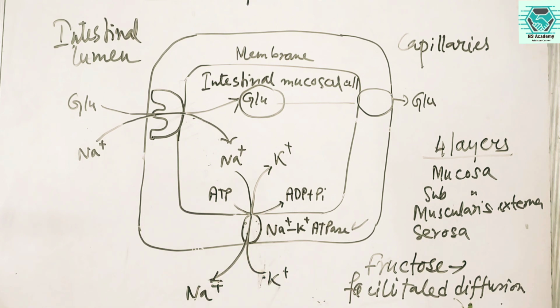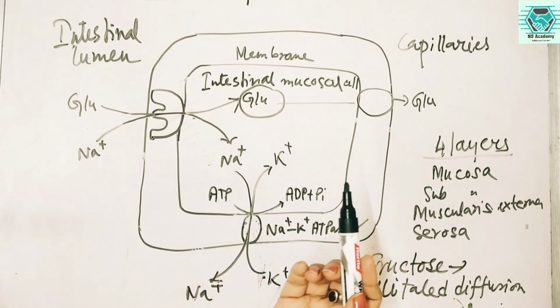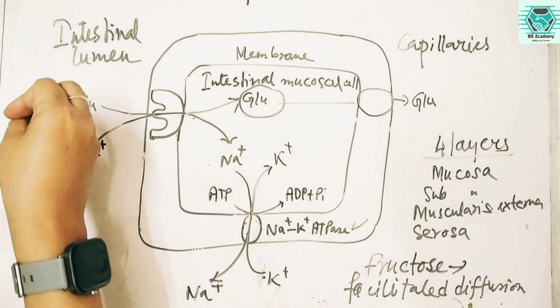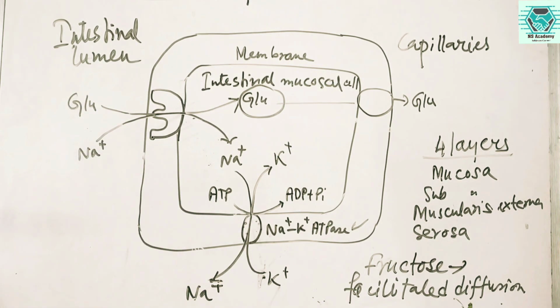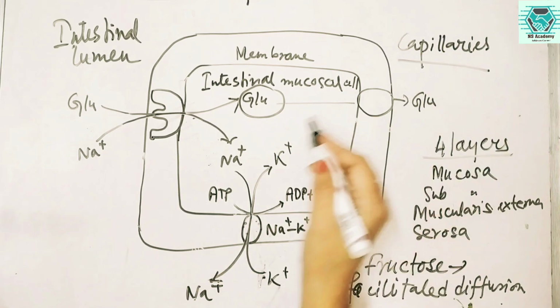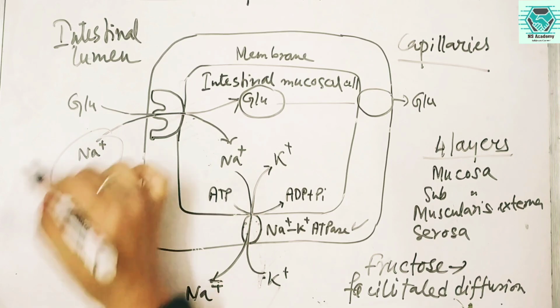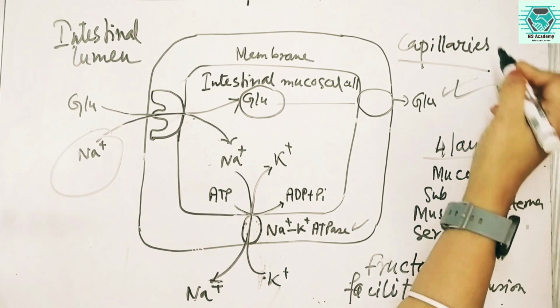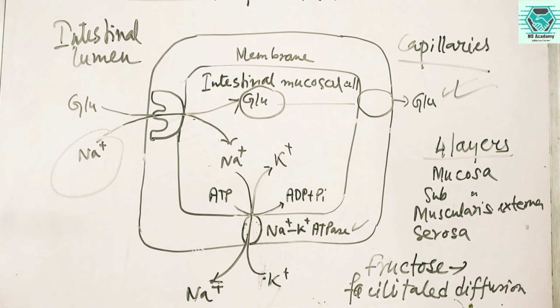Inside the epithelial cell, most of the fructose is converted to glucose, and then glucose is absorbed in this manner. So this is how glucose in association with Na+ is absorbed from the intestinal mucosal cell to the capillaries, with the help of Na+, and again Na+ comes out and the glucose goes to the capillaries, that is, into the blood.